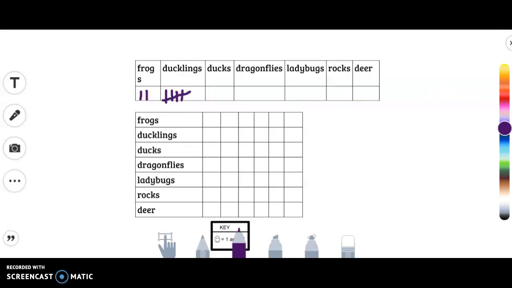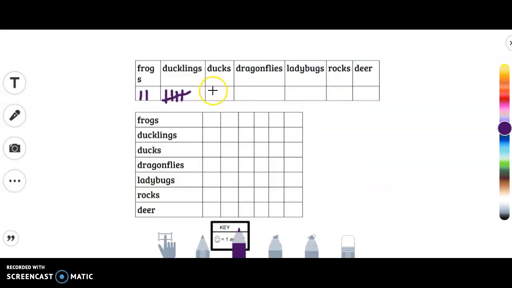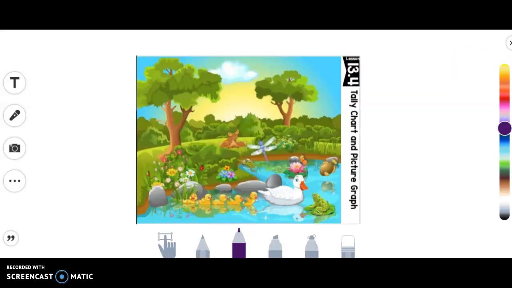Now I'm going to find the ducks. How many ducks do we see? I see 1 mama duck right there. So I'm just going to tally 1. Next is dragonflies. How many dragonflies do we see? I see 1 right in the middle of the page.